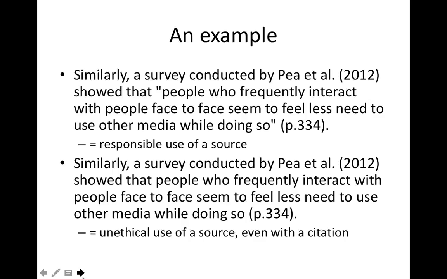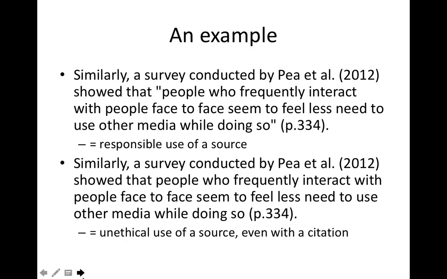So an example. The first one is good, the second one, bad. The first one: a study conducted by P et al. 2012 showed that, and then a quotation, "people who frequently interact with people face to face seem to feel less need to use other media while doing so." Citation. Those quotation marks signal to the reader that that language comes directly from the source.